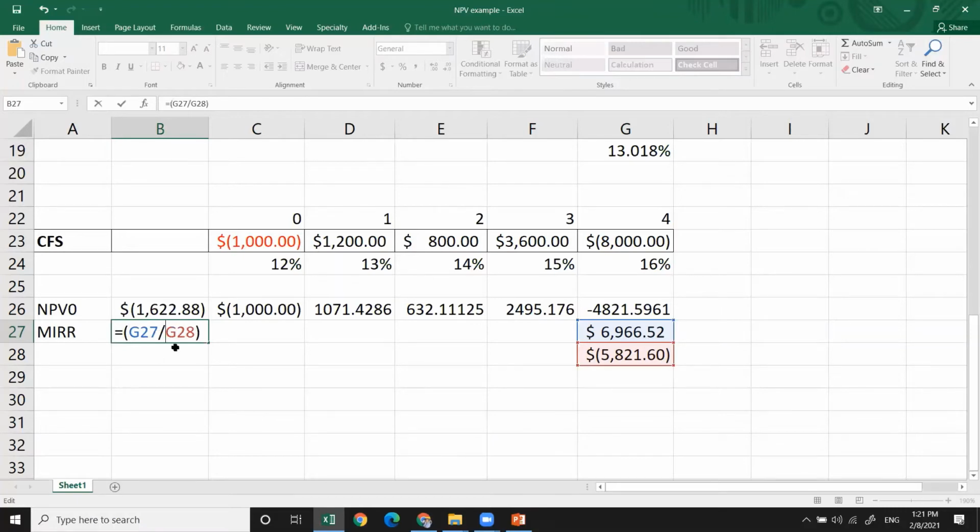This cannot be negative, and raising to the power of 1 over the life of the project in a bracket, and minus 1. So my MIRR is this, the modified internal rate of return.